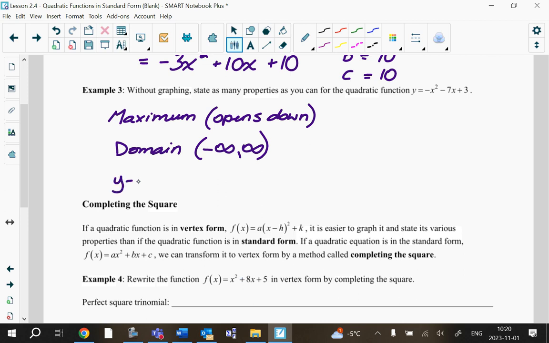Because all we have to do is, every time we see an x, put 0. It's actually pretty easy finding the y-intercept in standard form. It's always the number at the end because everything else becomes 0. So here the y-intercept would be 3. Okay.